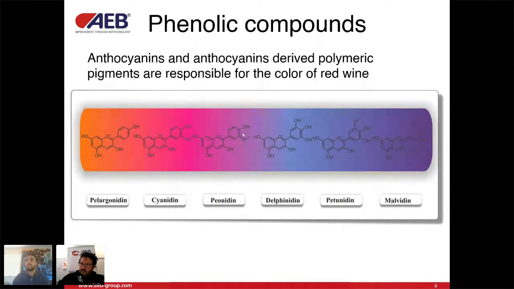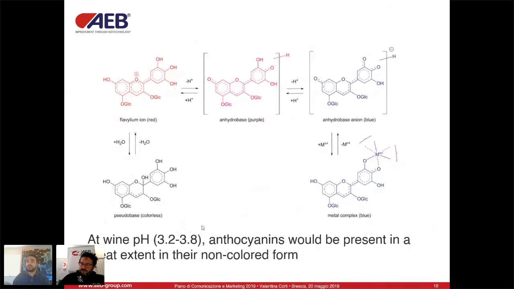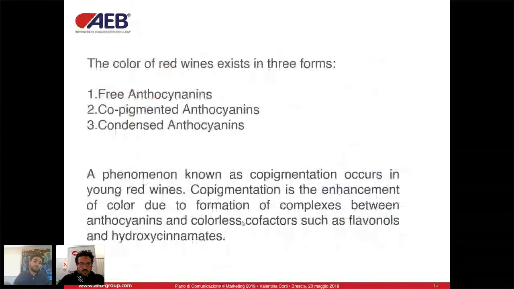And anthocyanin in the wine, at the pH of the wine that is around 3.2 to 3.8, is present in its colorless form for the most part. So, because of the pH of the wine, the anthocyanin can be free, but cannot express color that much, or can react with other components to stabilize this color.